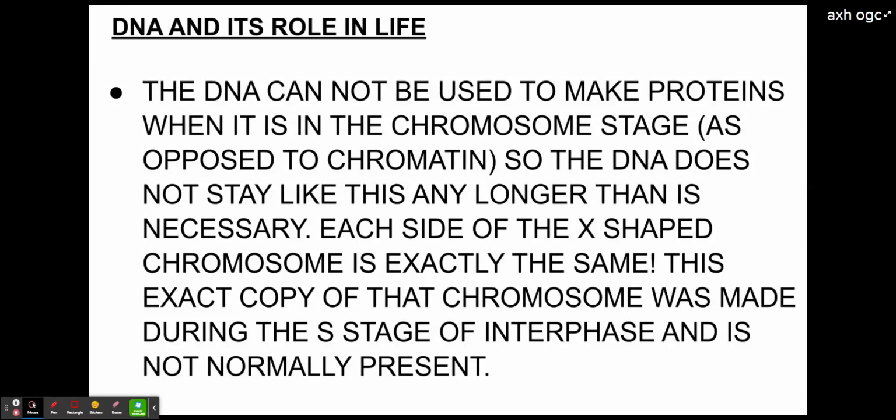And one thing I want to just note, that each side of the X shape that we just saw is a duplicate of the other side. So whenever you see that characteristic X shape, those are considered sister chromatids because they're exactly the same DNA, right? You might say to yourself, but I thought I had one chromosome from mom and one chromosome from dad.